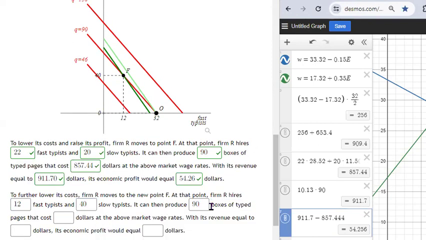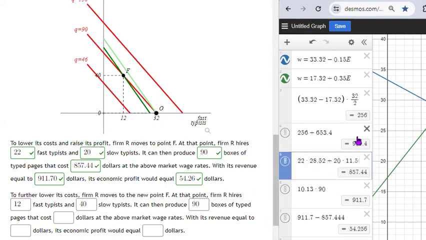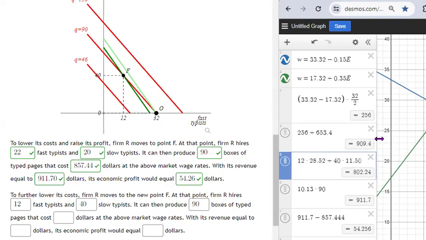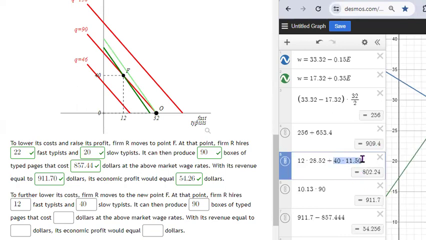Okay, so it can produce 90 boxes of typed pages that cost what? So let's go back to our cost here. Now the firm is only hiring 12 fast typists and 40 slow typists, right? 40 slow typists at 11.50, and 12 typists at 28.52 for a cost of $802.24.